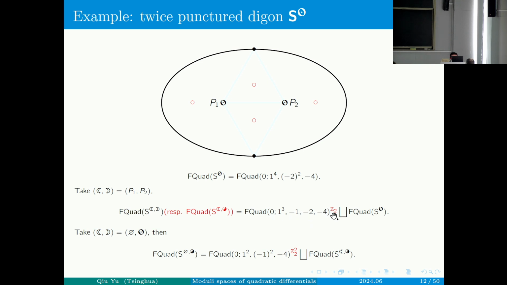And usually we want to do a Z2 orbifolding for this extra strata. And if you allow the collision of both of the punctures, then you want to add 1 more stratum with Z2 to the 2 orbifolding. Yeah, so that's all the moduli spaces we want to study, and we want to calculate the fundamental group of all of them.